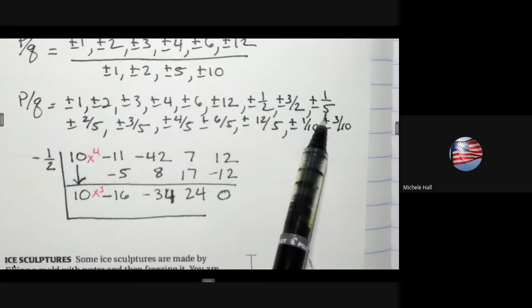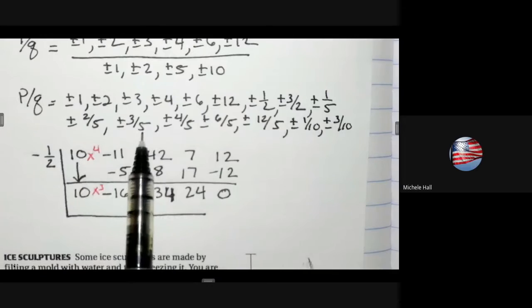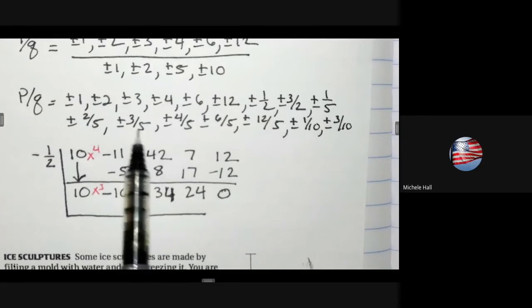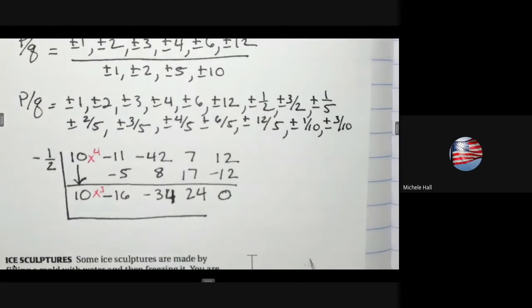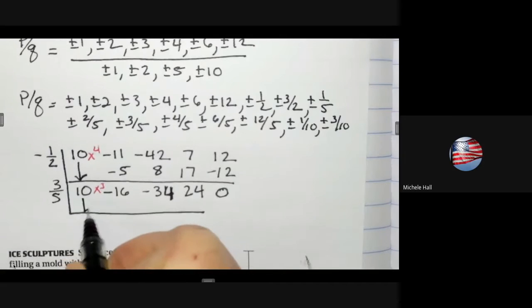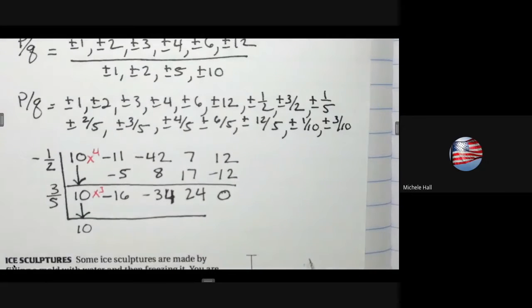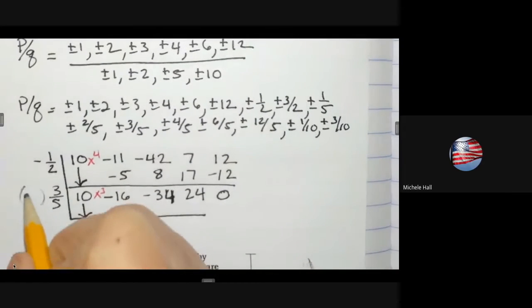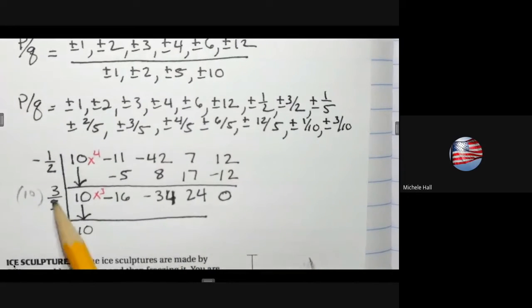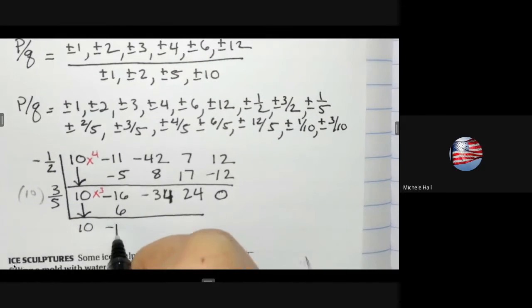So 5 into 10 would be 0.2, 0.4. 5 into 30 would be 0.6. Let's try a positive 3/5. All right, bring down the 10. And then 10 times 3/5. Just going to use a pencil, come over next to this. We're multiplying by 10. We know that we have 30 over 5, which is 6. -16 and 6 is -10.